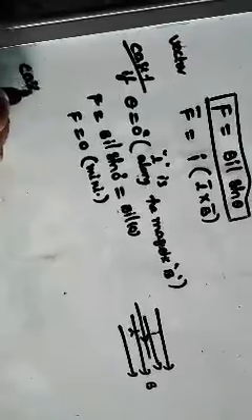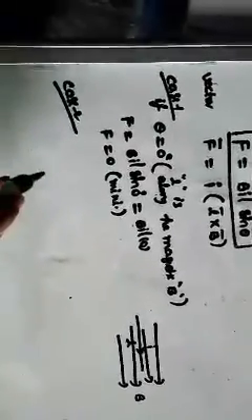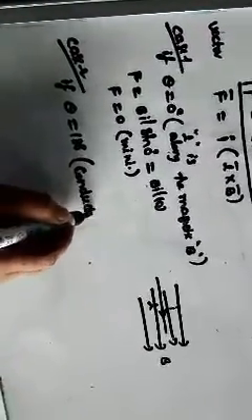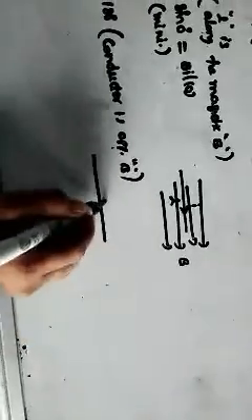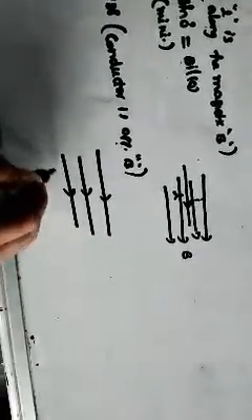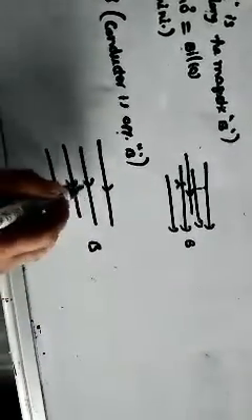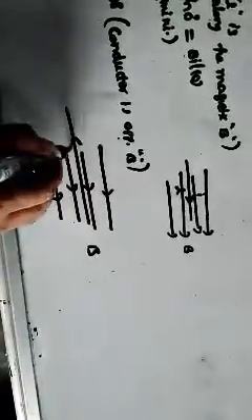Case 2: if theta is equal to 180 degree. Theta equal to 180 degree means the length of the conductor is opposite to the field direction. See the diagram: this is the magnetic field of induction B, and the conductor is kept like this, with current flowing opposite.